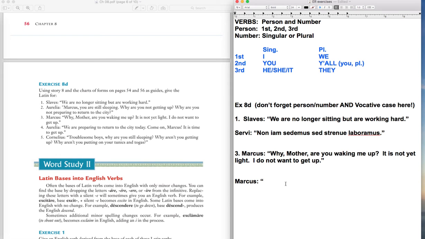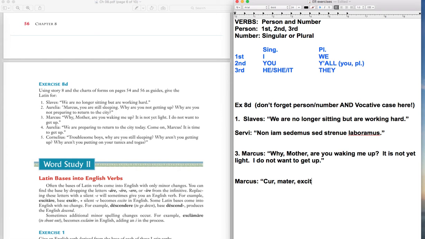Why, mother. Now, mother, well, case. That is vocative. Mother is being spoken to. So we're going to follow the rule that, for the most part, except for us, nouns, and people, vocative looks like nominative case. So we're going to have cur mater. And then we have to deal with this you are waking up. Now, how do we say to wake someone up?